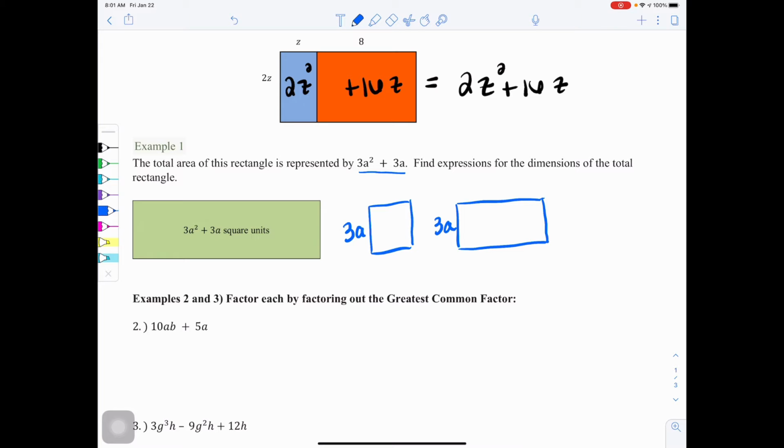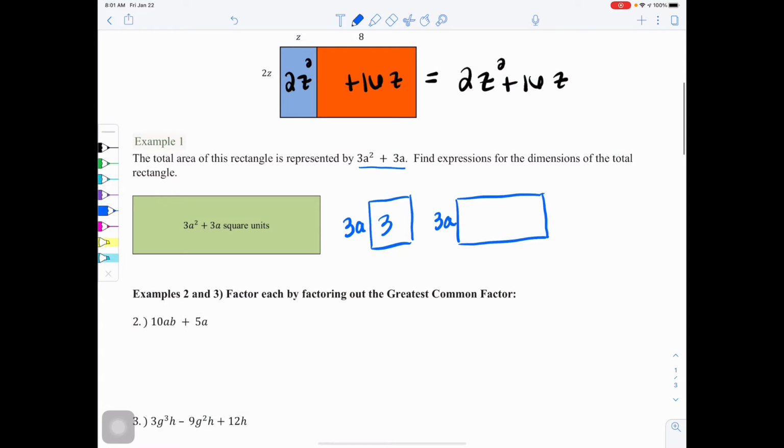So if I have 3a here, and I know I want 3a squared inside here, I would have to multiply this by an a on top. If 3a is on the side, and I know I want 3a on the inside here as my area, then I know I'm going to need to multiply by 1 on the top. So now I know that this is equivalent to 3a times a plus 1.